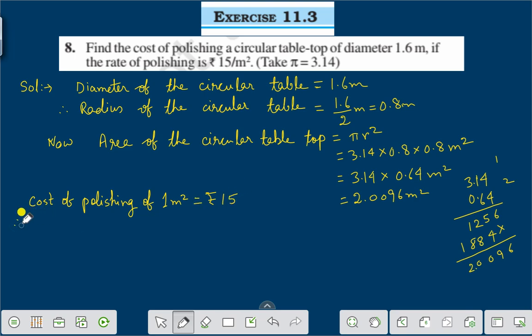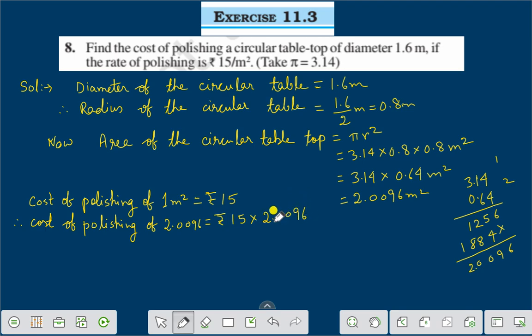Therefore, cost of polishing of 2.0096 is equal to rupees 15 into 2.0096.